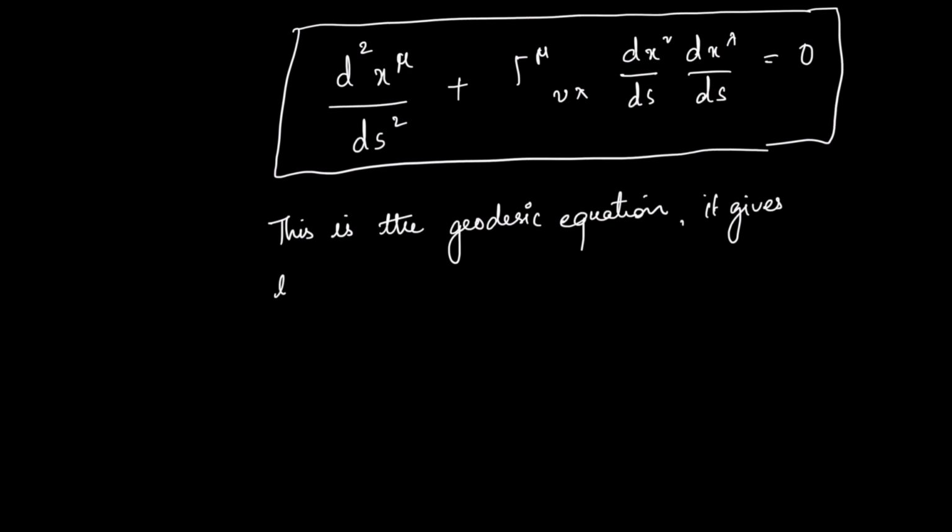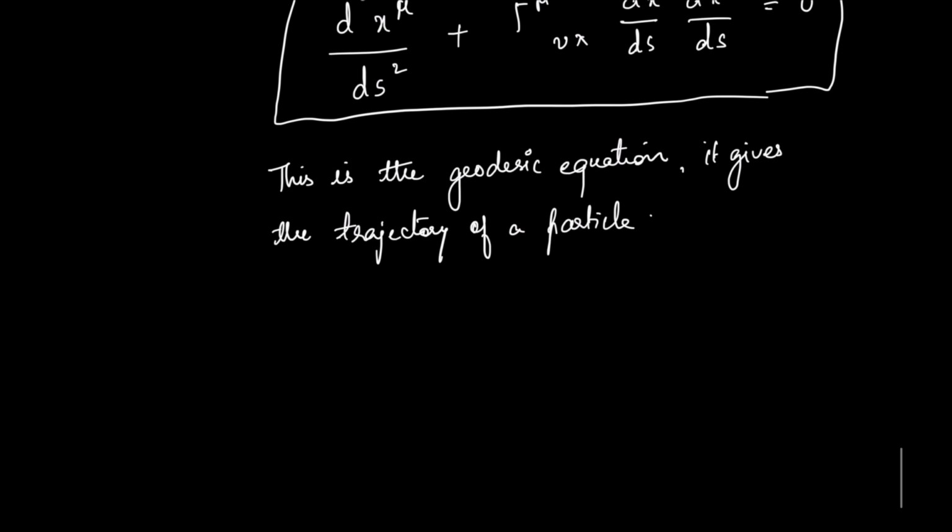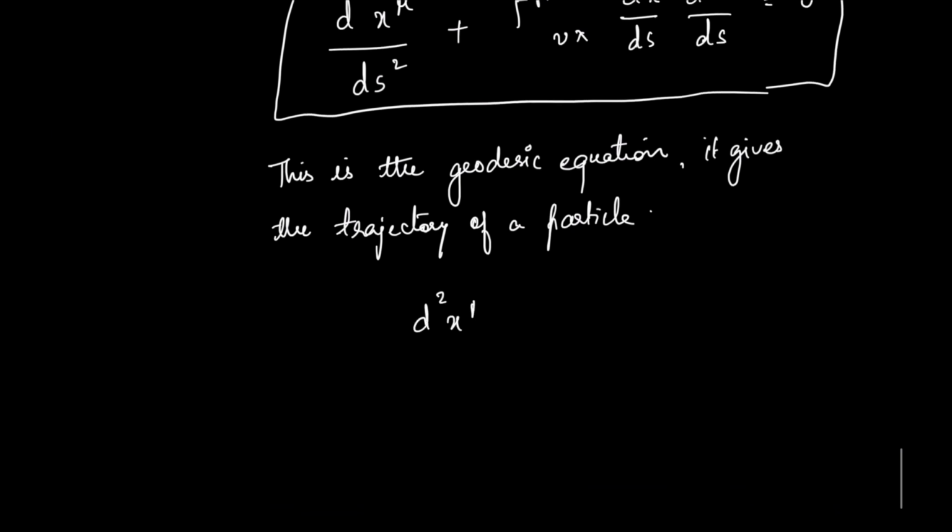It gives the trajectory of a particle. Now if you carefully observe this equation, you have the second derivative d square x mu by ds square. So this is the forward acceleration of the particle.